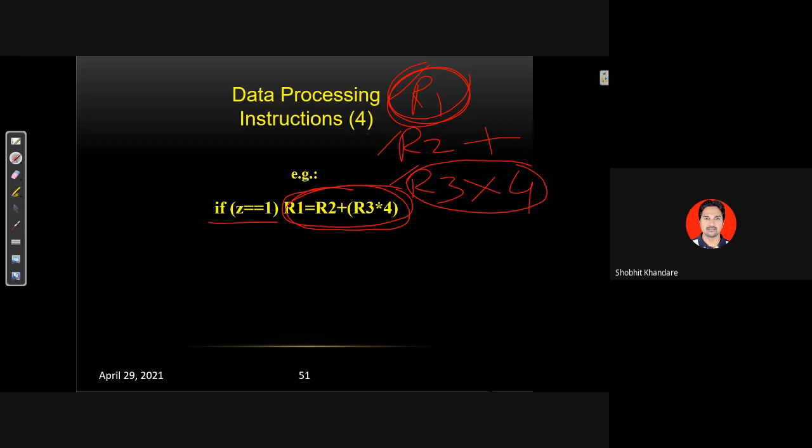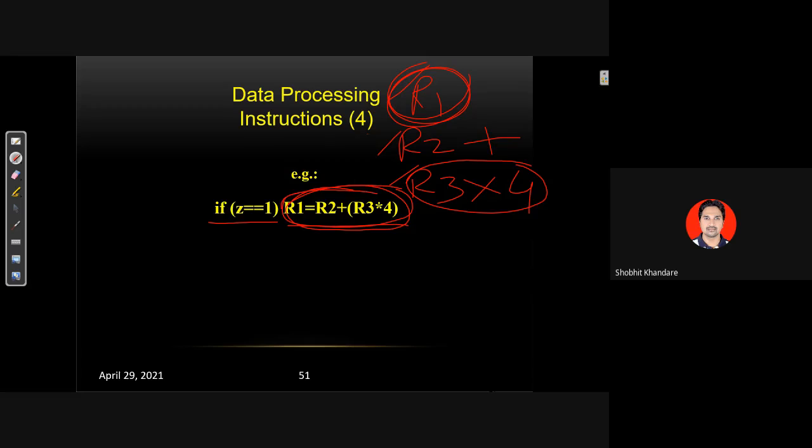So R1 equals R2 plus R3 into 4. I'm using 3 registers R1, R2, R3. First, R3 is multiplied by 4, the result is added with R2, and that final result is stored in R1.